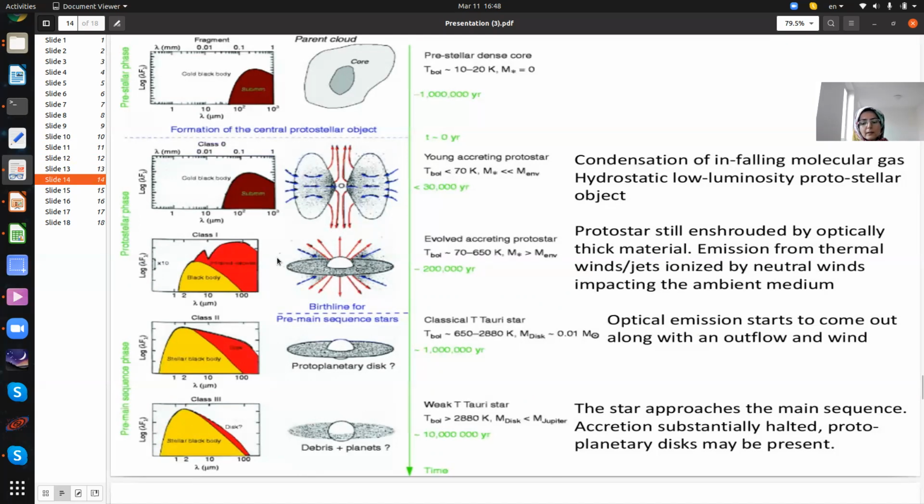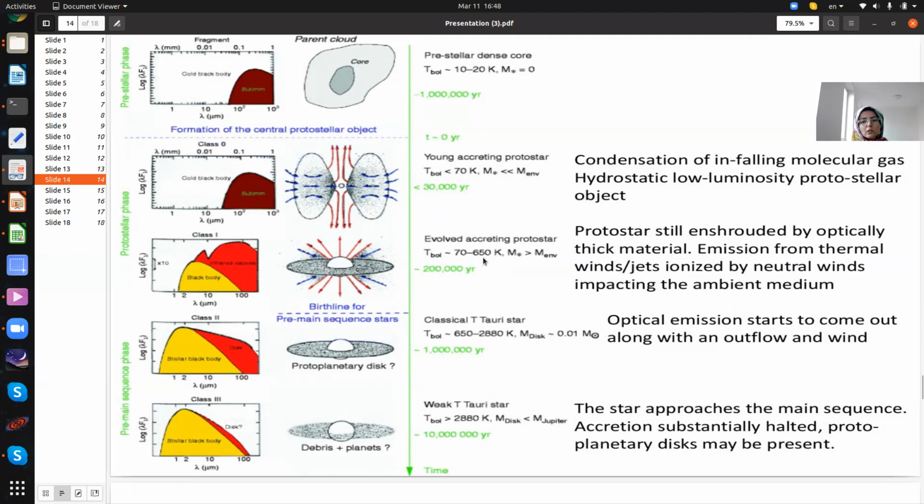And then here, you see that the radiation of the disk dominates over the radiation of the protostar. It takes 200,000 years and the temperature is 70 until 650 Kelvin.